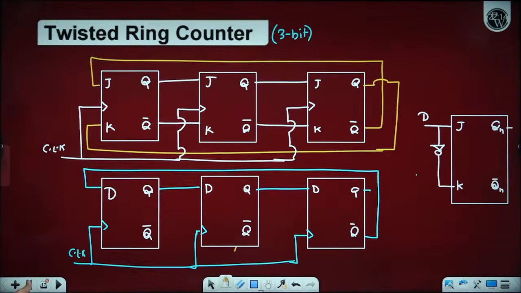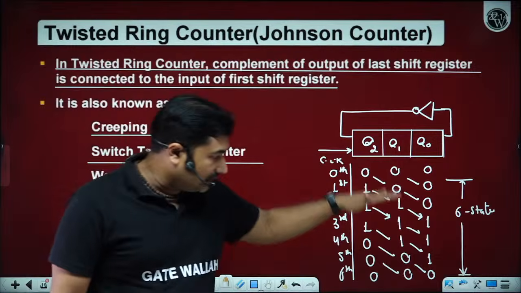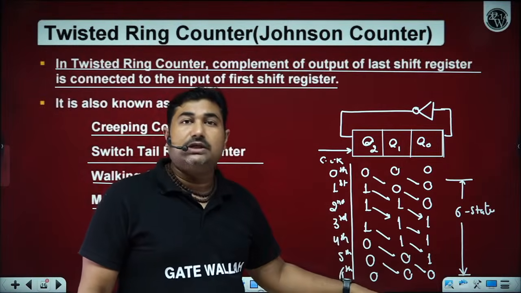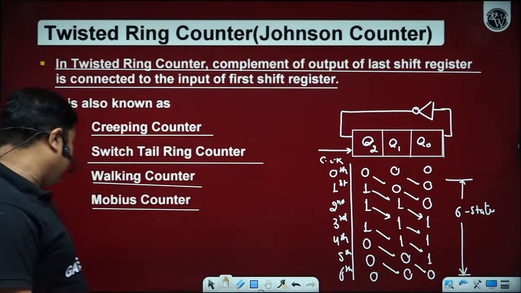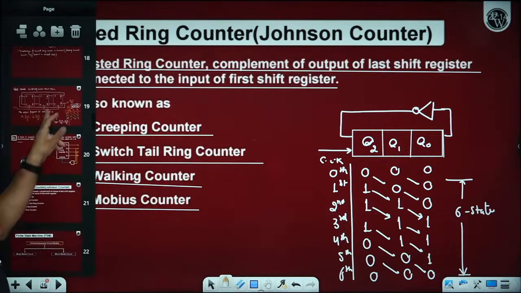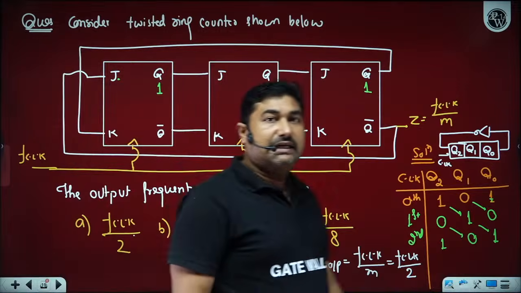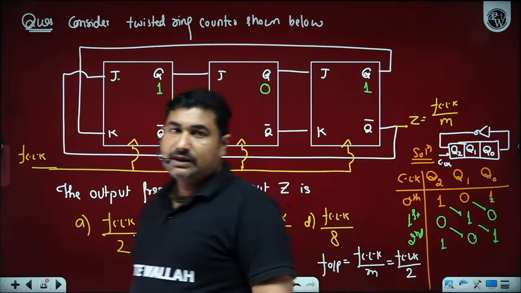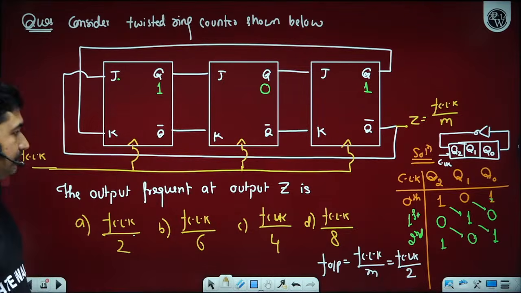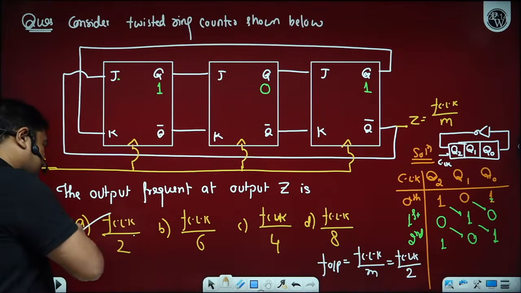If you observe the used states in a Johnson ring counter, we don't get 010 or 101. Is it okay? Because of the propagation delay, your Johnson ring counter may go into an unused state and there it would get locked out. How many of you are able to understand this? Great. So the correct answer is this, not this.